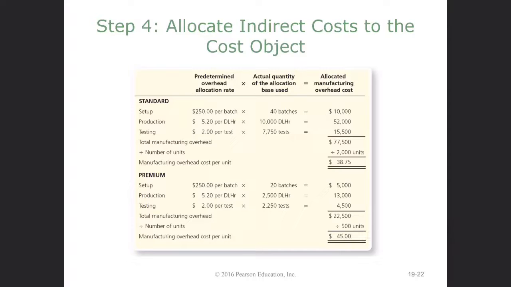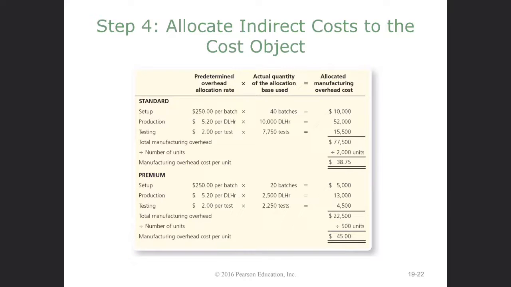So here we're going to allocate our indirect cost to the cost object. We've already gone through and we just did this top calculation here where we calculated the manufacturing overhead cost. To get the total manufacturing overhead, we're going to add that together. So we've got 77,000. Divide that by the number of units, which is 2,000 units.